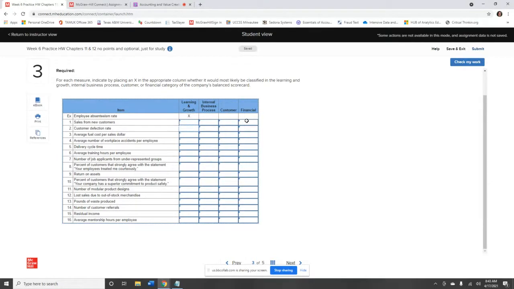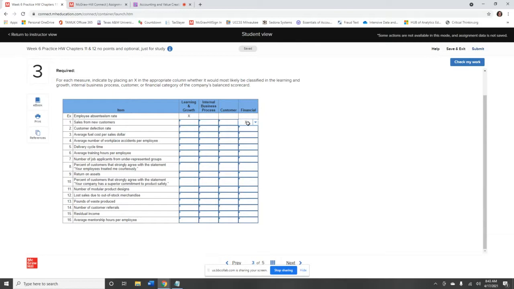When I look at the examples of financial measures, sales from new customers is a financial measure, and again, sales revenue, those are financial, right? Just because it's sales from a new customer doesn't mean it's not a financial metric. It's still a sales metric. What makes it a sales metric is we're measuring sales.